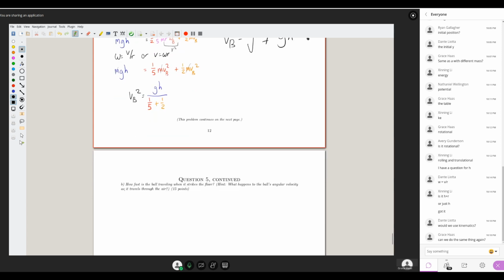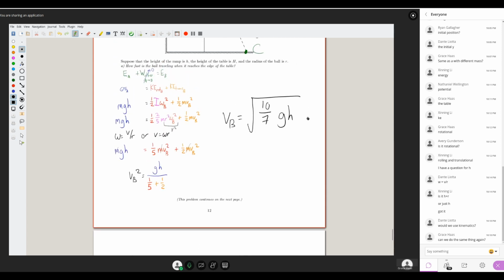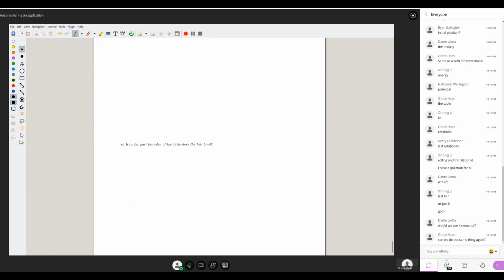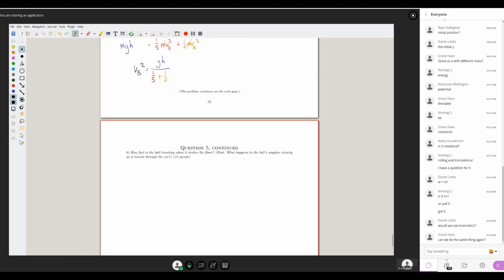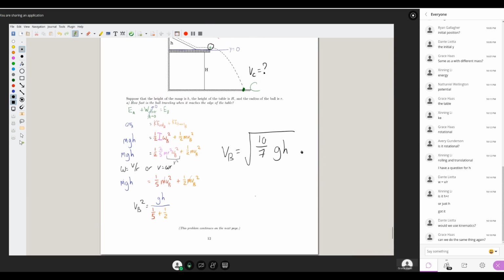Can you do the same thing again? Yes, you can. Dante, it turns out you have to use kinematics for how far past the edge of the table the ball lands, because projectile motion requires this. But if we're asking about the velocity hitting the floor, we can do the same thing again.